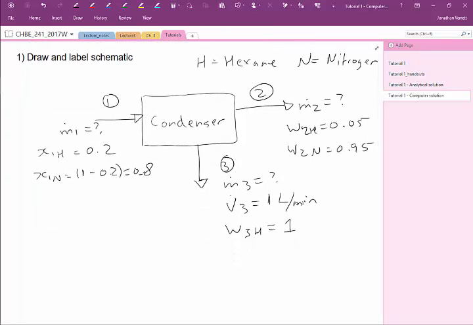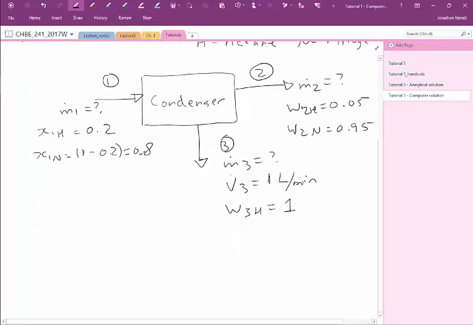So, as we looked at before, our solution strategy: we find M3 from V3 using the density of hexane that we can look up.